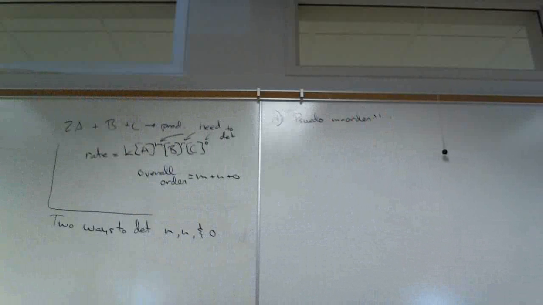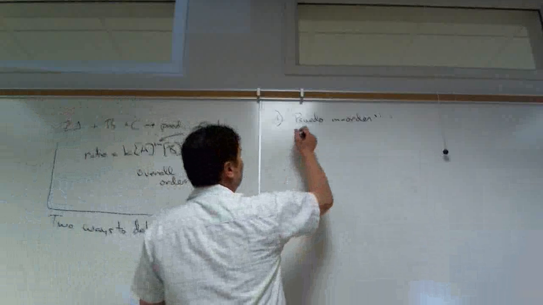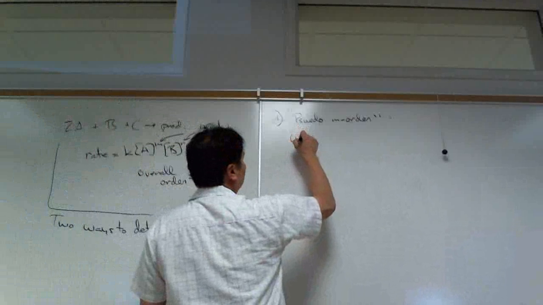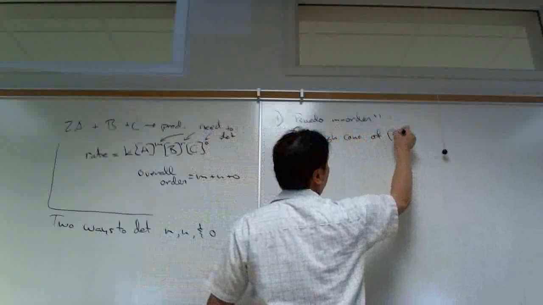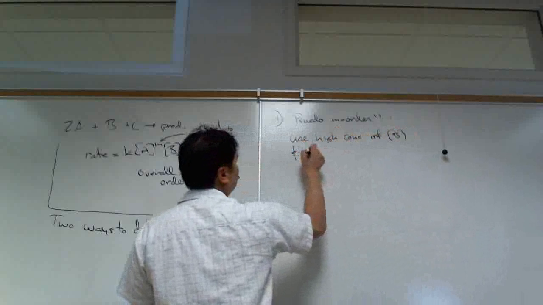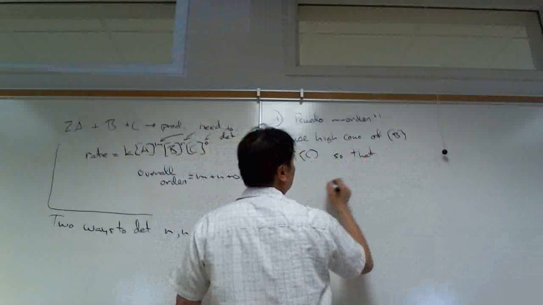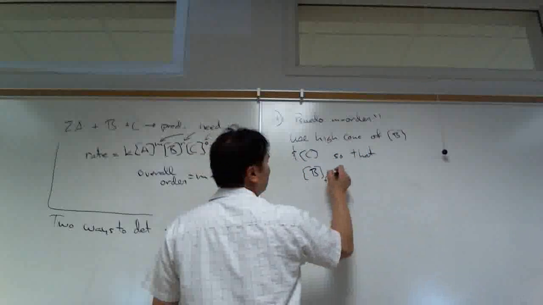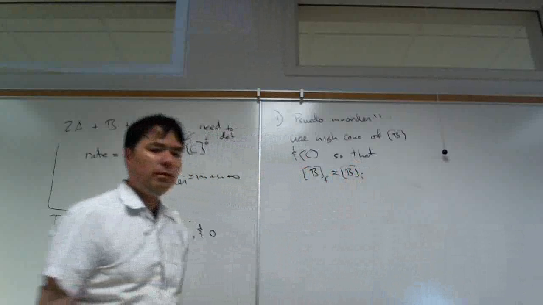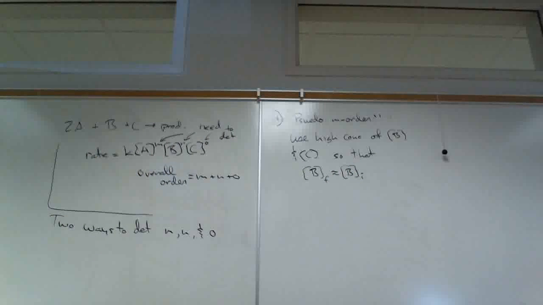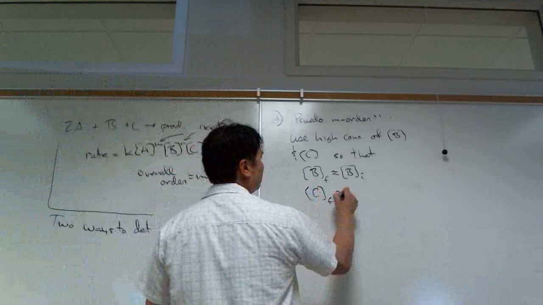We can make this reaction pseudo M order, rather than N plus O order, by doing this: use high concentration of B and C so that the final concentration of B is about the same as the initial concentration of B, and the final concentration of C is about the same as the initial.